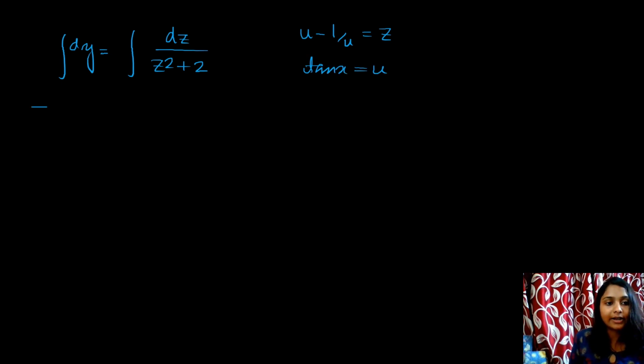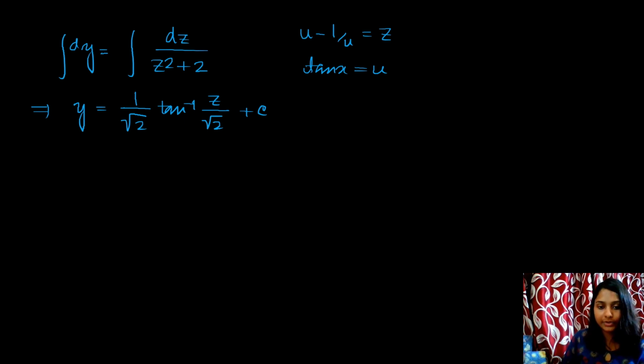So by integrating, we will get y equals 1 by root 2 tan inverse z by root 2. We are using this formula: the integral of dx over x square plus a square equals 1 by a tan inverse x by a.